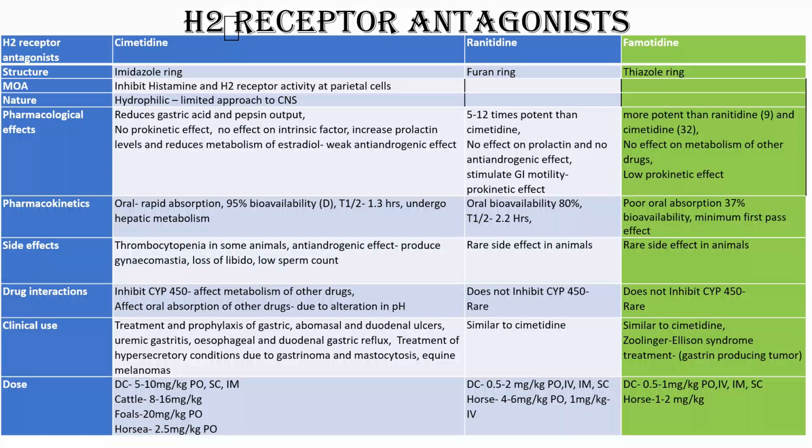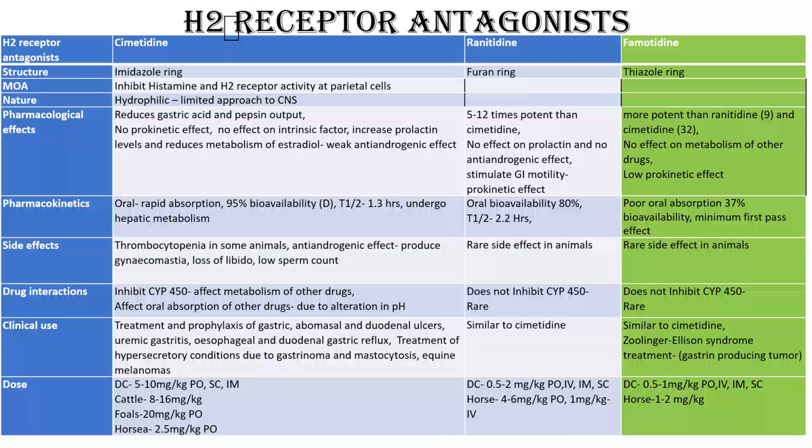It is 9 times more potent than ranitidine, and 32 times more potent than cimetidine. It does not have any effect on metabolism of other drugs because it doesn't inhibit cytochrome enzymes. It has a low prokinetic effect.